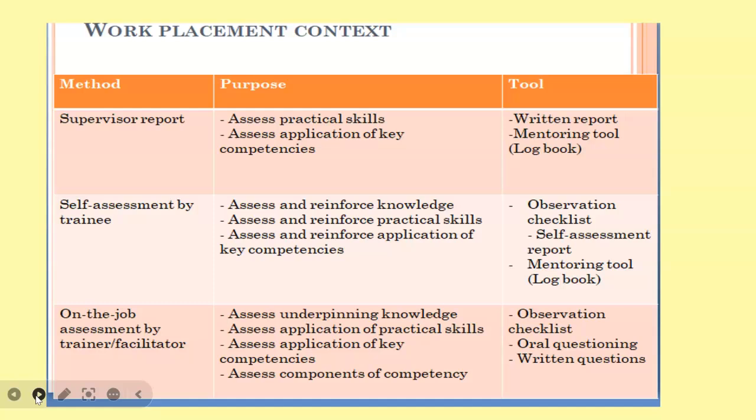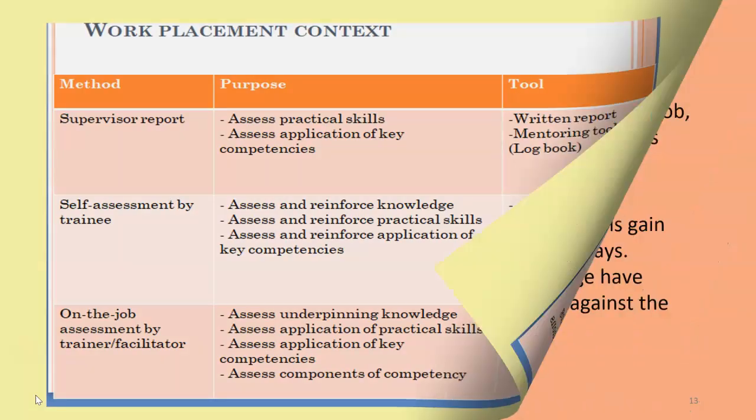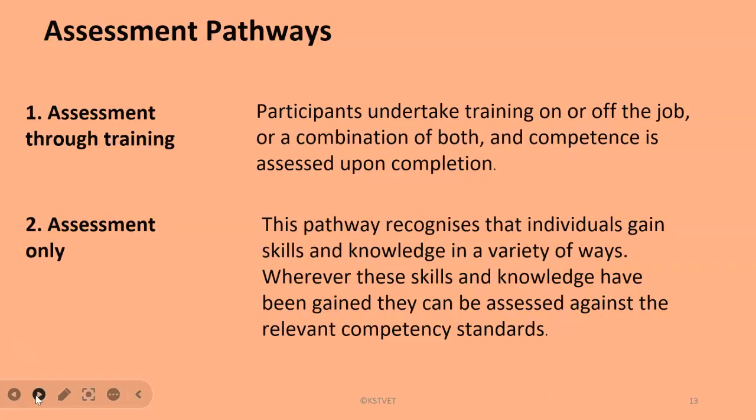On-the-job assessment by the facilitator is to assess underpinning knowledge, practical skills, and components of competency, and you can use an observation checklist, and oral or written questions. So those were basically the contexts under which assessment can be carried out.